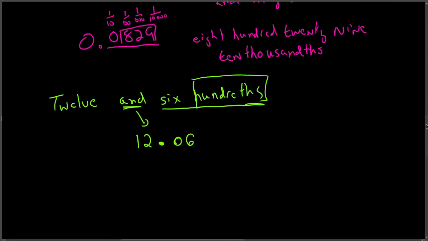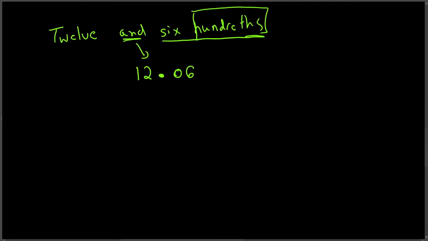Let's look at another one here, converting the words. We'll convert the words to a standard form decimal. So I could have 54 and 72 thousandths.